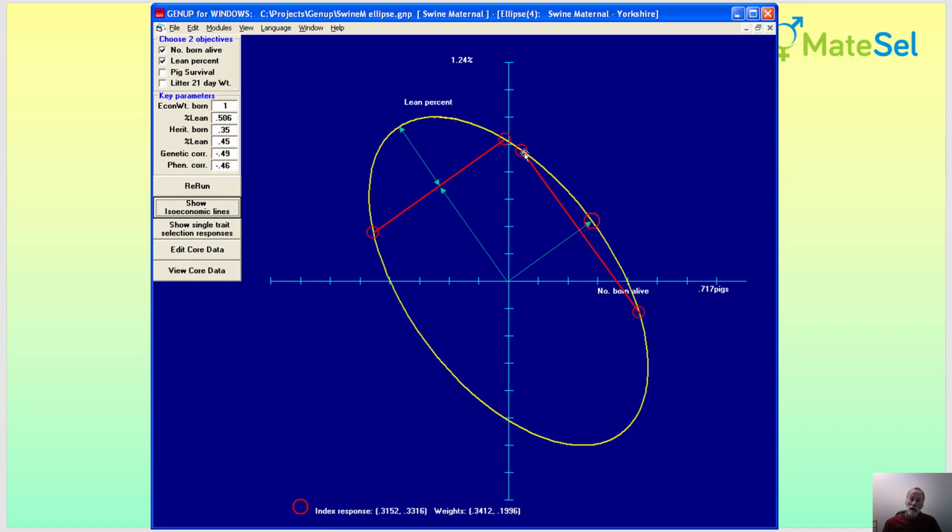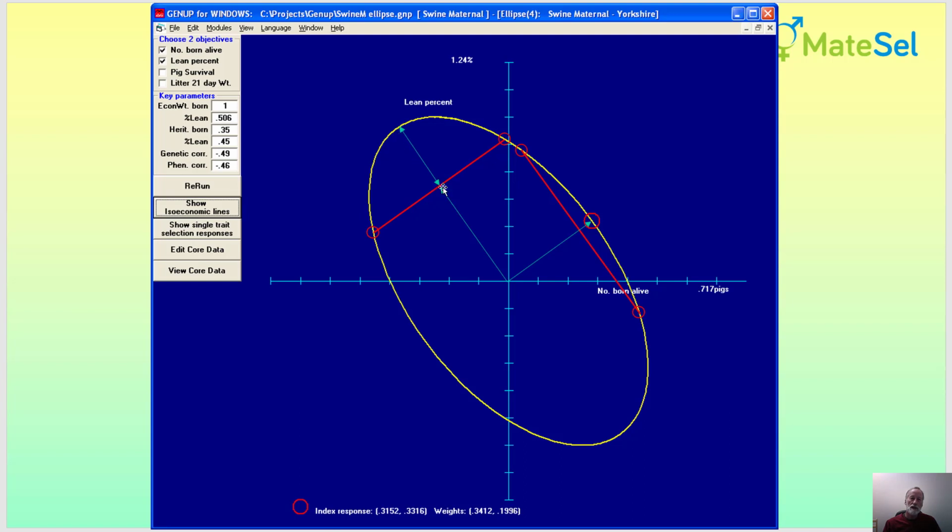And this is a reflection of what happens when we've got an antagonistic correlation between two traits, as we have here, because there's a negative correlation between lean percent and number born alive, so reflected by the direction of the ellipse. However, if we were generally wanting to go in this direction up here and decided to do the same thing by dividing our attention into two different lines and then crossing them, we would see a much bigger compromise in genetic gain in terms of the original direction.